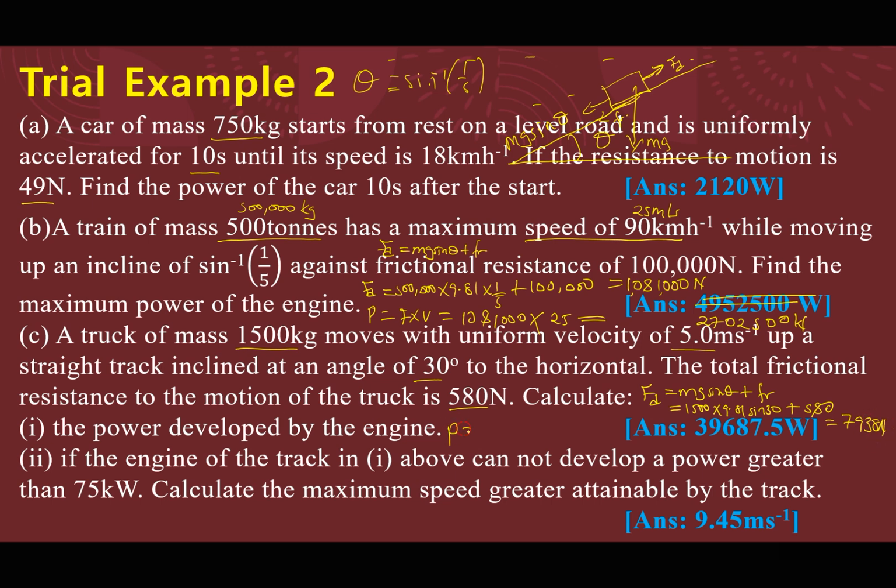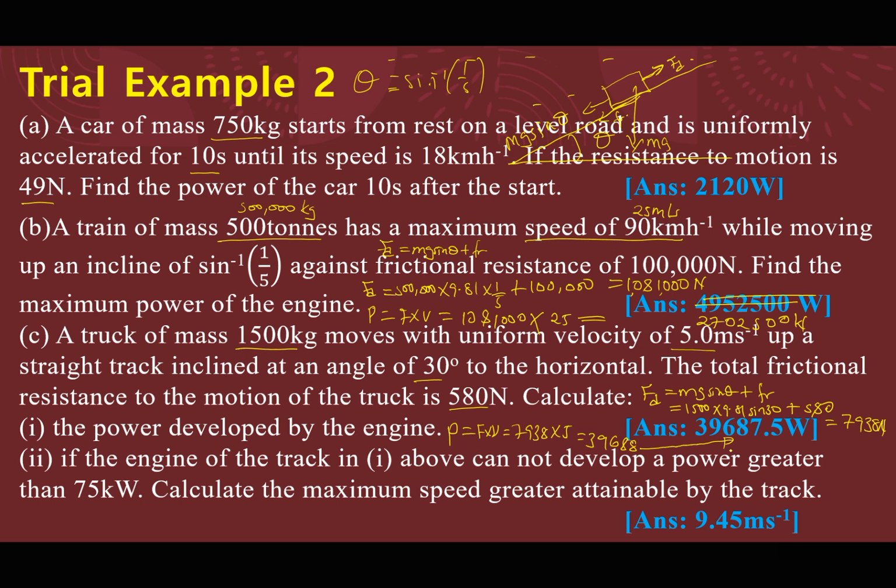So the power developed is going to be equal to the force times the velocity, which is going to be 7938 times 5, which is equal to 39,690 watts, which is approximately the same as this. I think that is correct.